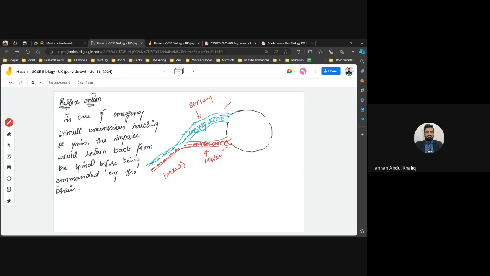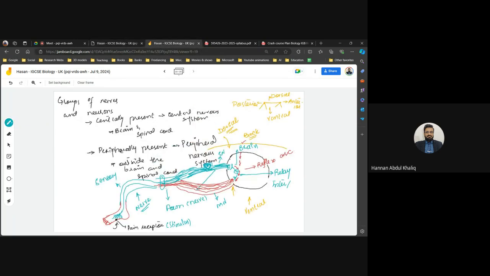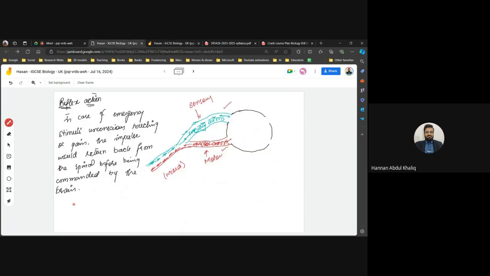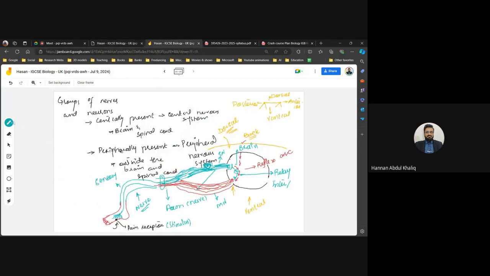All right, so now as I was saying, the reflex action can happen, and reflex action always happens when you have a pain stimulus in your foot. Now try to combine this concept with the previous concept where we said that the impulses are being transported from spinal cord to the brain.